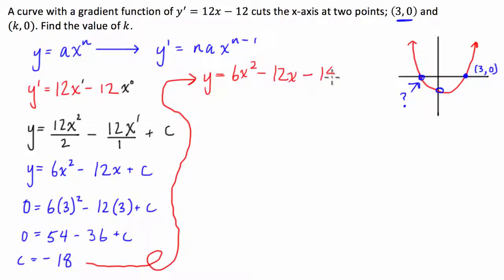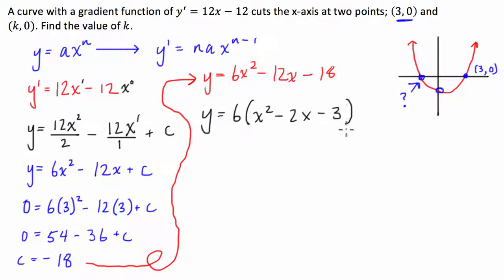Now, to find the x-intercepts, we can either use the quadratic formula or we can try and factorize this. So I was going to try and factorize it. So let's have a go. We'll first factorize it by 6. Cool.